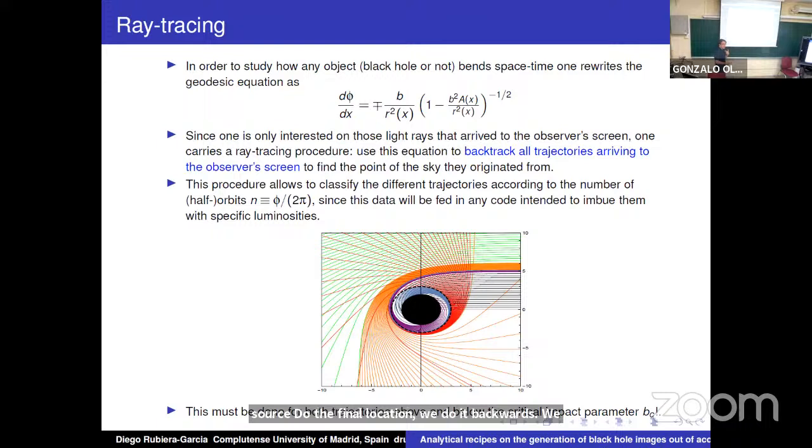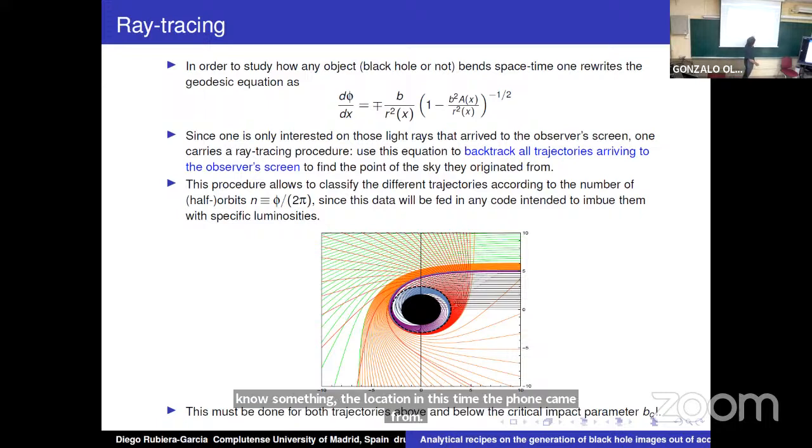We start with the light rays that arrive at our screen and integrate this equation in the opposite sense to backtrack the trajectories, to know exactly where every photon came from. So for instance, this photon that arrives at my screen at this impact parameter value, I integrate this equation to track the trajectory and know exactly the location in the sky the photon came from.